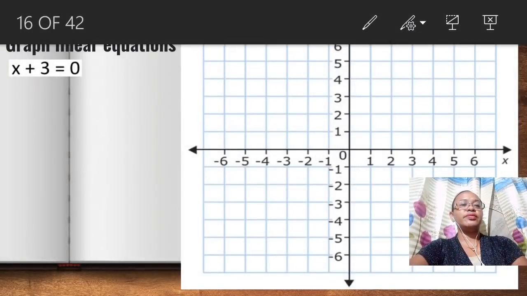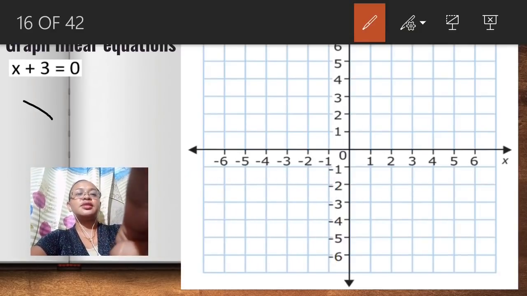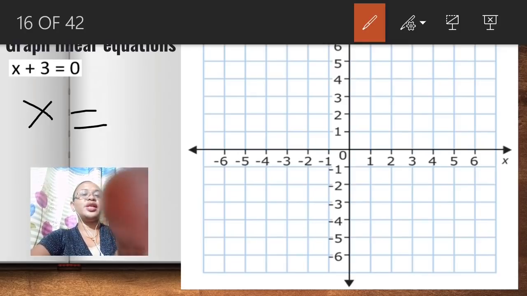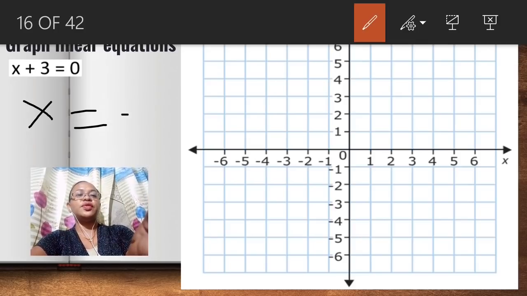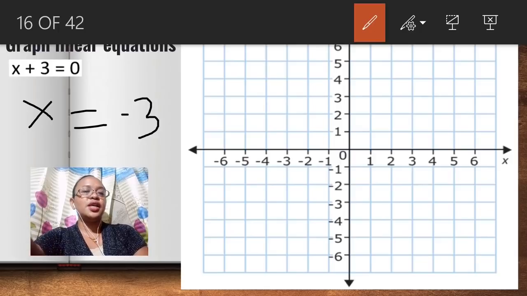This is now x is equal to +3. When it's transposed to the right side, it becomes -3. And so we will now look at which part where x is -3. The x -3 is in here.